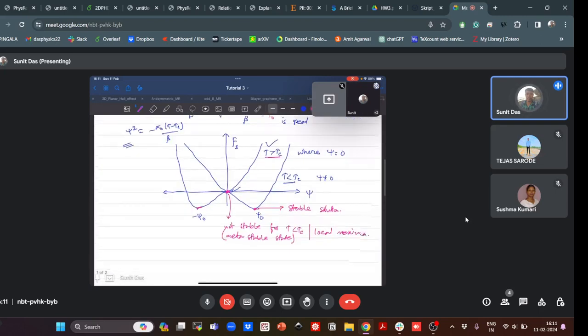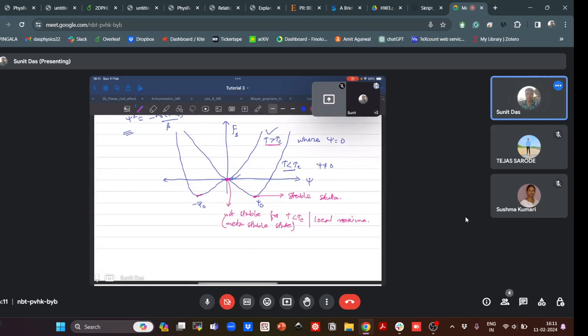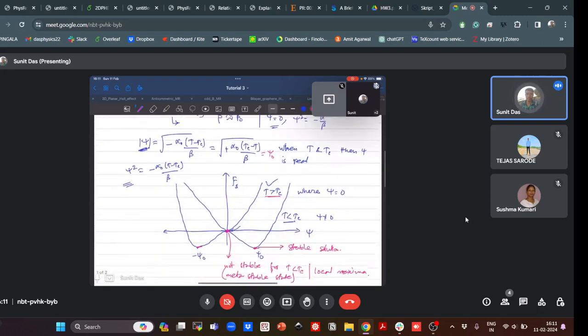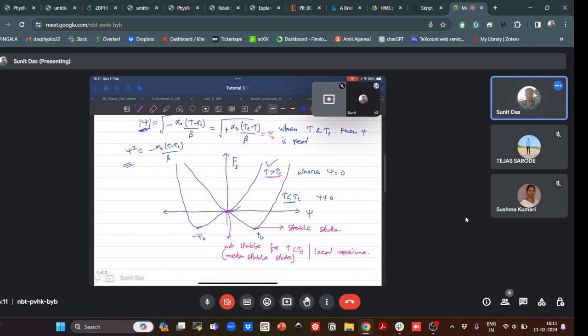So what this tells us is that, for the phenomenon of the superconducting phase transition in terms of Landau theory, the Landau free energy only has a solution at psi equal to 0 for temperatures greater than the transition temperature.